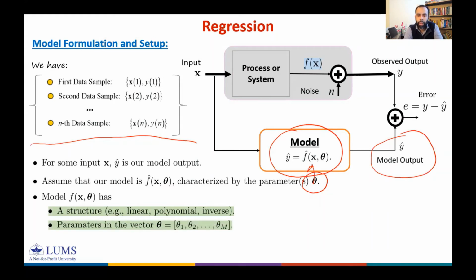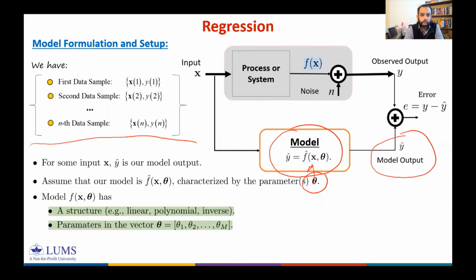For example, if you use a polynomial to model your unknown relationship, what is the degree of your polynomial? Because the degree of the polynomial changes the number of parameters characterizing the model.